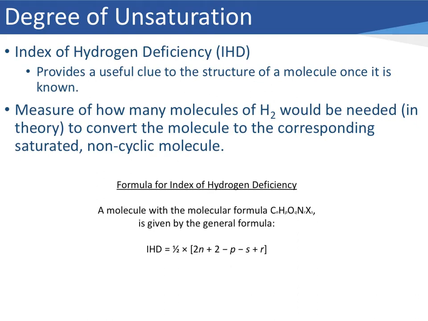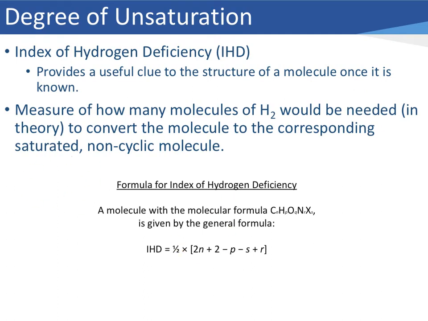So the index of hydrogen deficiency is basically a measure of how many molecules of hydrogen would be needed, in theory, to convert the molecule that we're studying to the corresponding saturated non-cyclic molecule. Saturated, all single bonds, non-cyclic, not forming a ring of some sort.